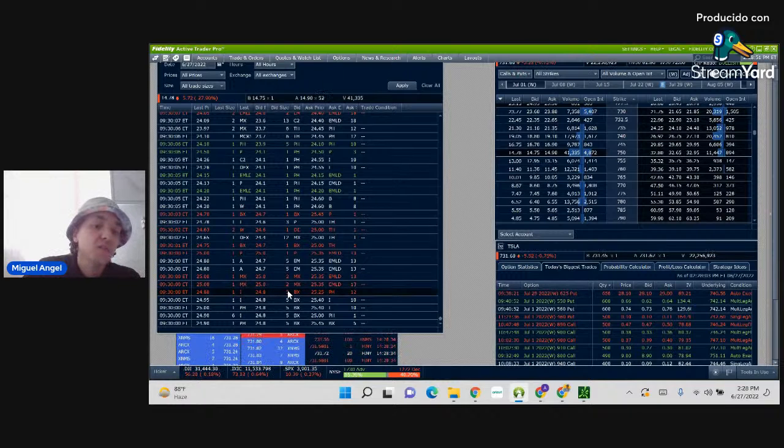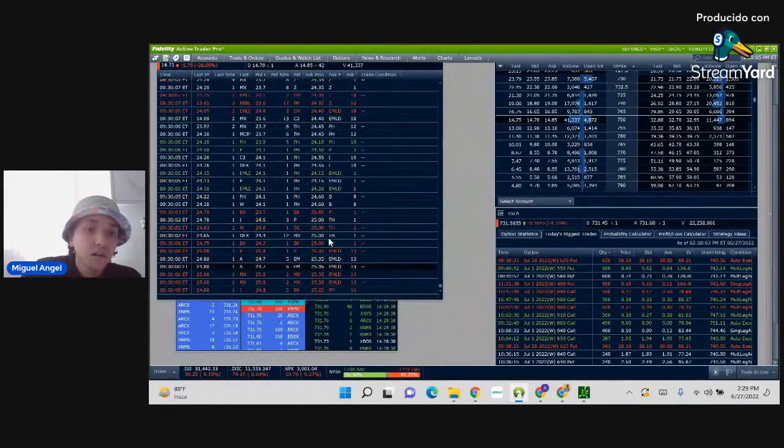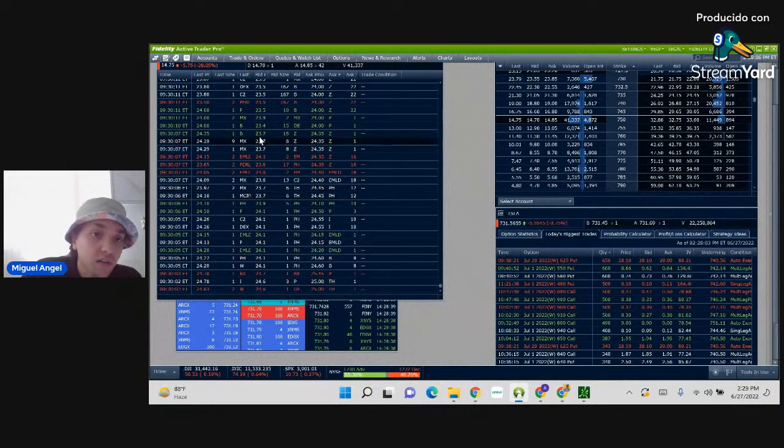So if the seller is being more aggressive than the buyer, probably it is because they're selling premium in that area. And again, if you see a whole red contract, probably it is because they're selling premium. So here, the green contract, what it means is that this transaction was made on the ask, meaning that the buyer was really aggressive.